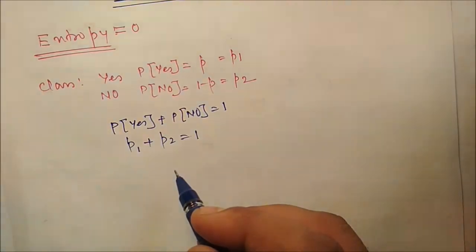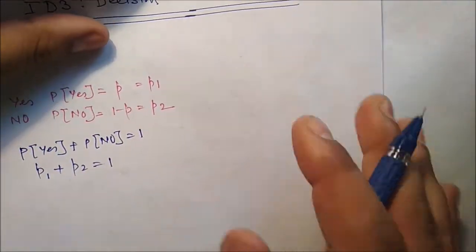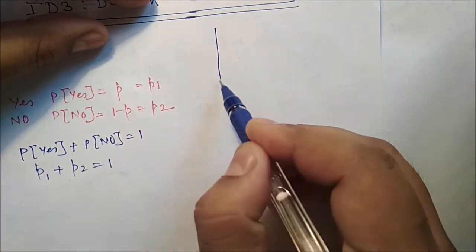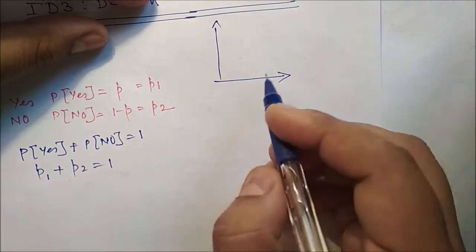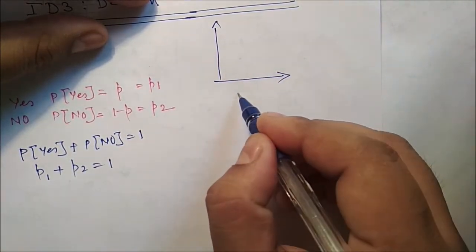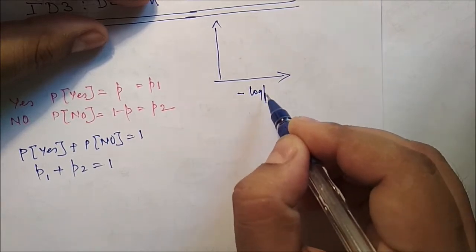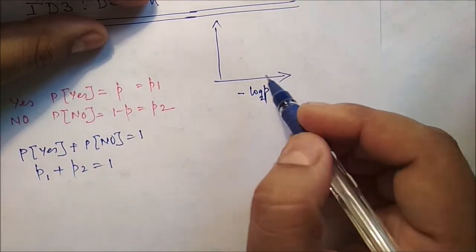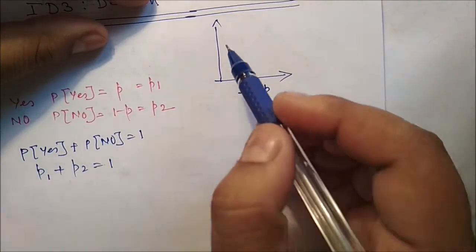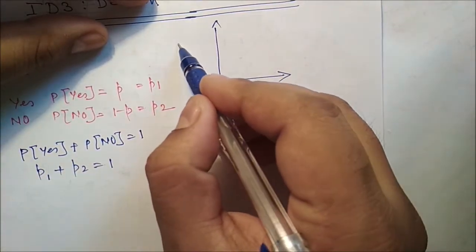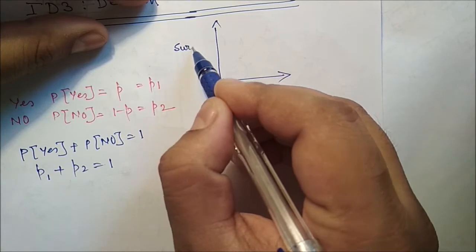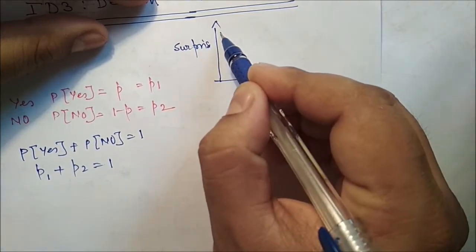So we can represent the surprise this way. Say there is a graph of minus log p base 2, where p is the probability, and we can display the surprise like this.